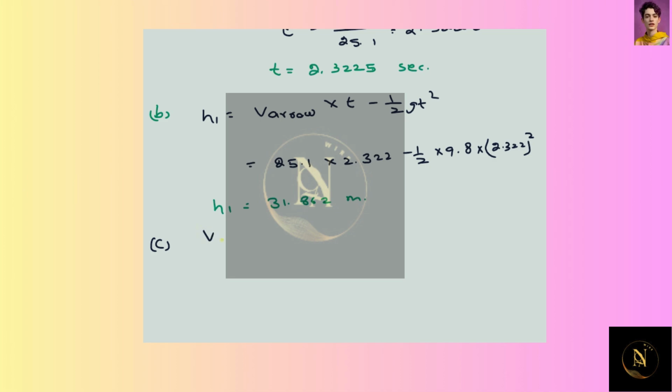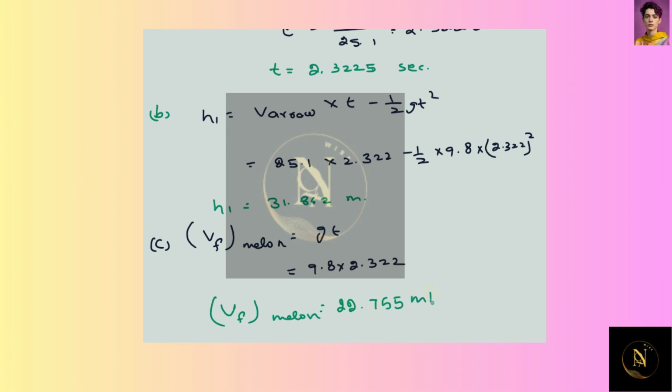Now let us move on to part C. Part C, VF of melon is equal to G T. So that is equal to 9.8 times 2.322. So here we conclude that VF of melon will be 22.755 meter per second.